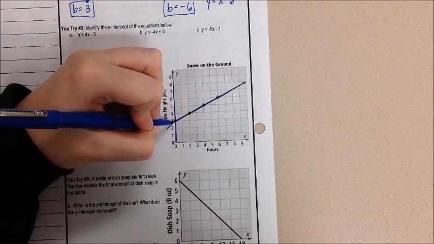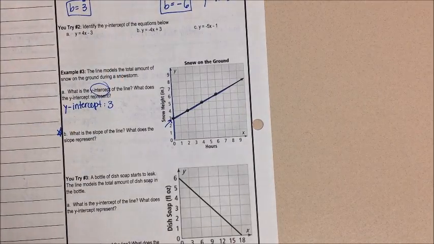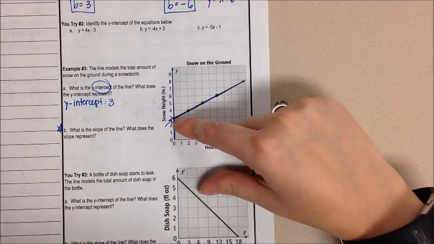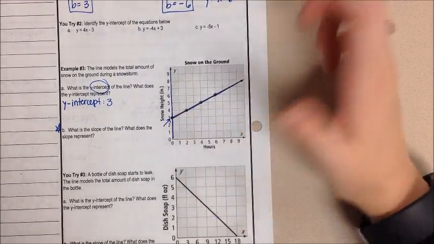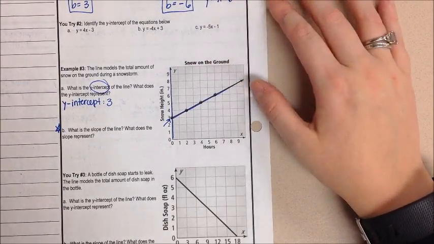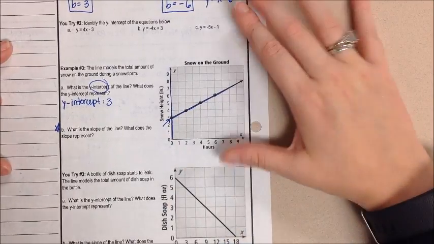So right there is my y-intercept. That's 3. What that means is that when it started snowing, so at 0 hours, there was already snow on the ground. There was already 3 inches of snow. So it had already snowed maybe a day before or however long before this was started to be calculated, and then it started snowing more.